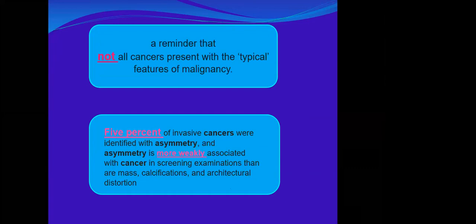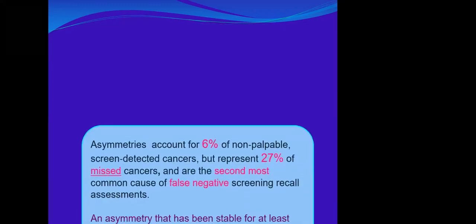Just a reminder that not all cancers present with the typical features of malignancy. 5% of invasive cancers were identified with asymmetry, and asymmetry is more weakly associated with cancer in screening examination than mass, calcification and architectural distortion.